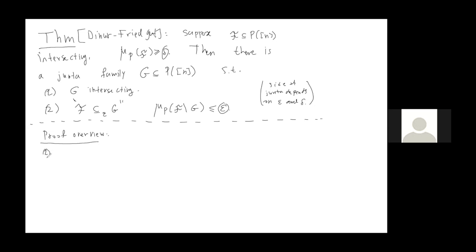First of all, we are going to define some notion of pseudo-randomness, which I hope will show why sharp thresholds enter the picture at all.